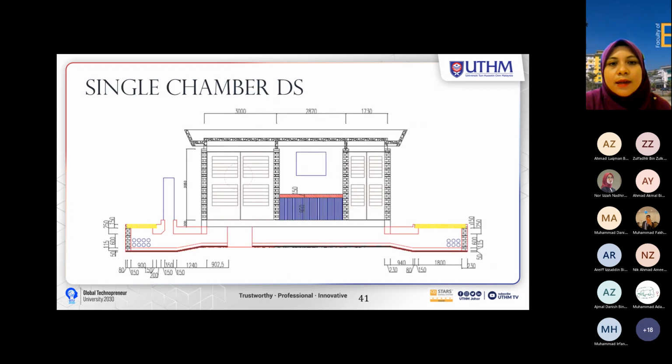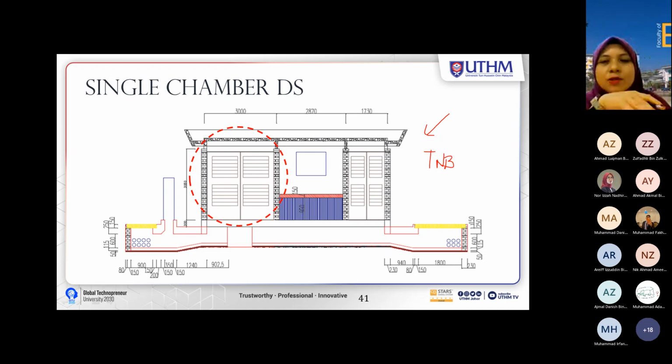Okay, this is the single chamber distribution substation, PE. The drawing is exactly taken from TNB's documentation, the electrical substation section. It is not something that is PNC, no. It is general info that we can get through Google. You can just type pencawang agihan and get all the documentation of the distribution substation.